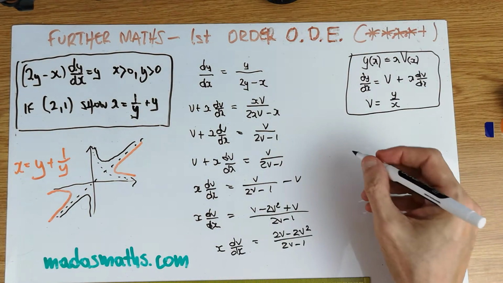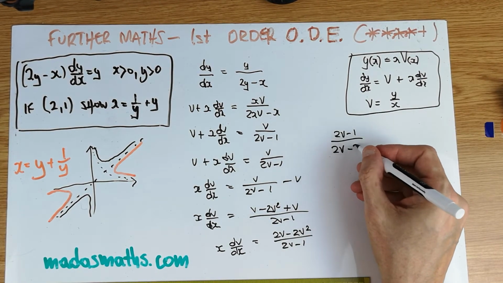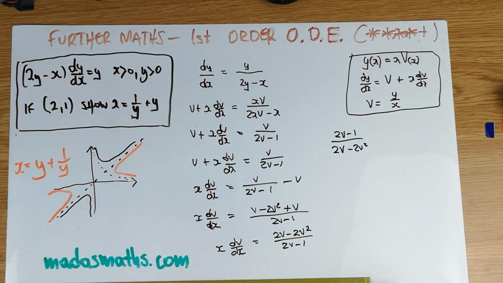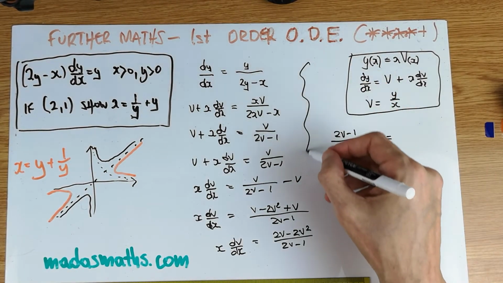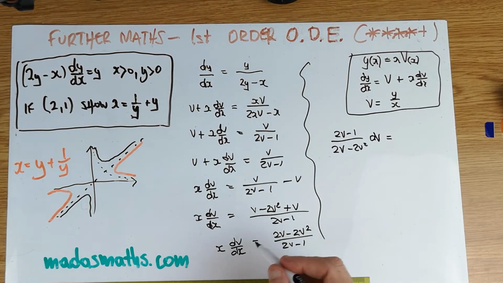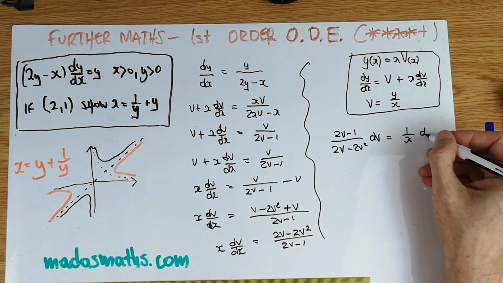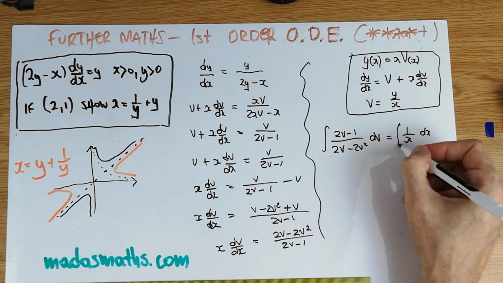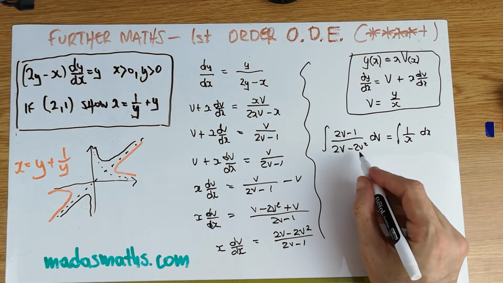So for the time being, we're going to separate the variables. 2v minus 1 over 2v minus 2v squared dv is equal to 1 over x dx, from this line here. So we're going to have some kind of logs there. And I know there's no logs in the answer, so that's some kind of log very, very easily.